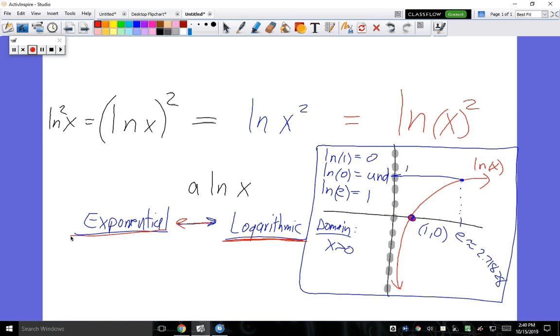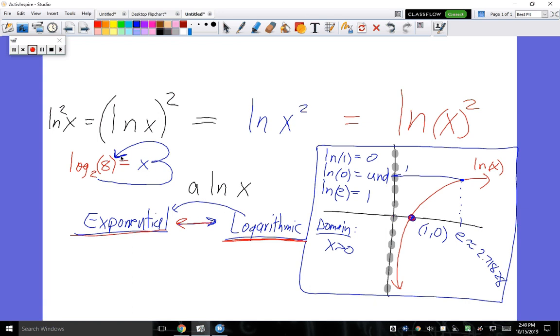For instance, if I had log base 2 of 8, does someone know what this equals? What does log base 2 of 8 equal? 3. Let's say you didn't know. But you know from this rule that the best way to solve a logarithm is to rewrite it as an exponential. You could start from the base and do a reverse Hart method.